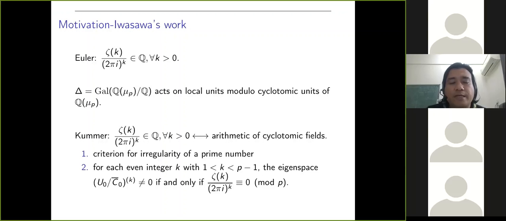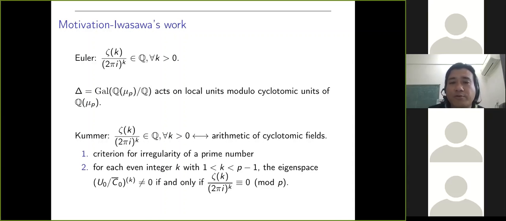If I take delta to be the Galois group of Q(mu_p) over Q, it acts on the units of Q(mu_p). By local units, I mean those units which are congruent to 1 mod p, taken modulo the cyclotomic units.